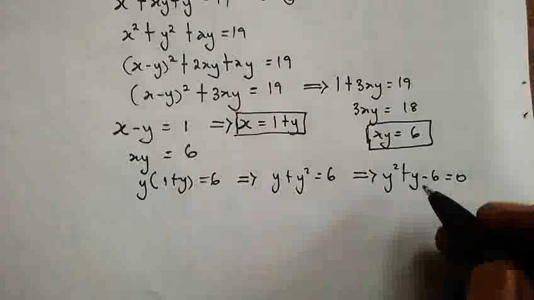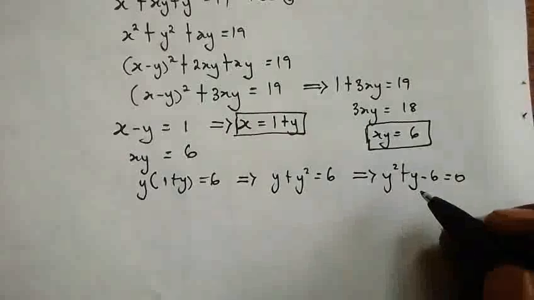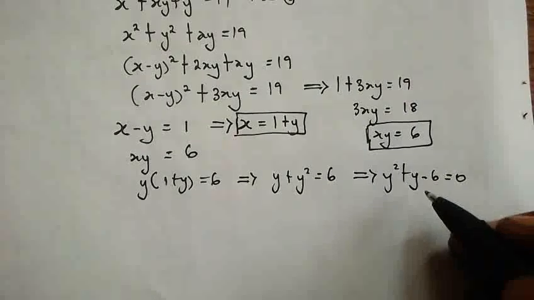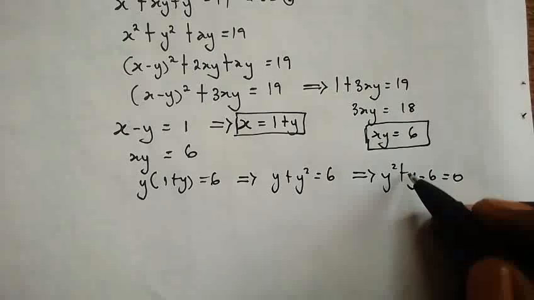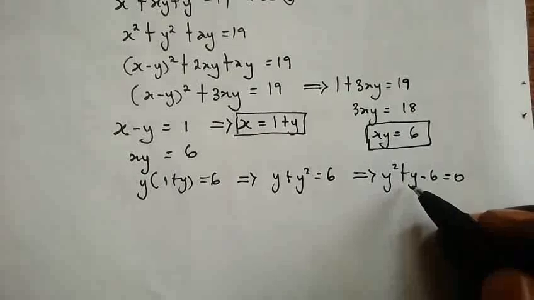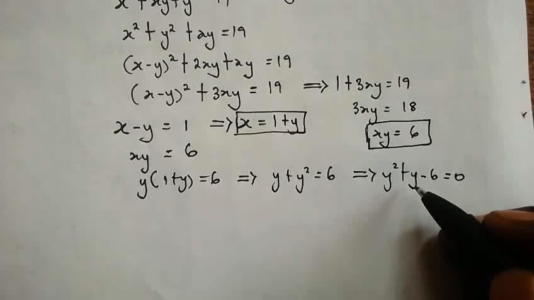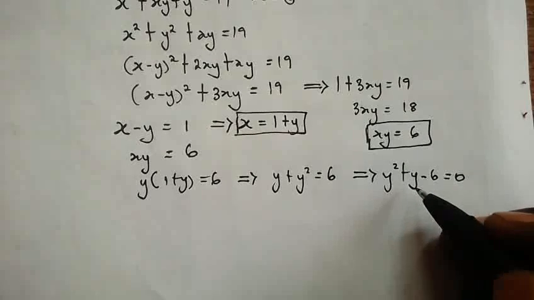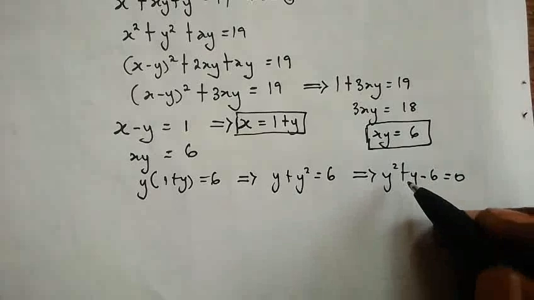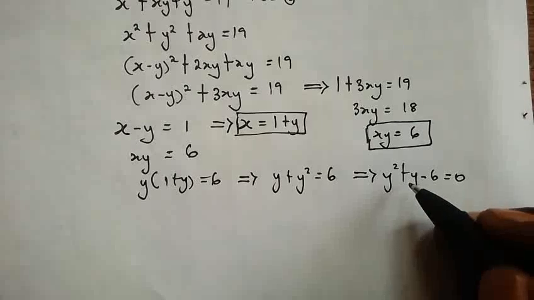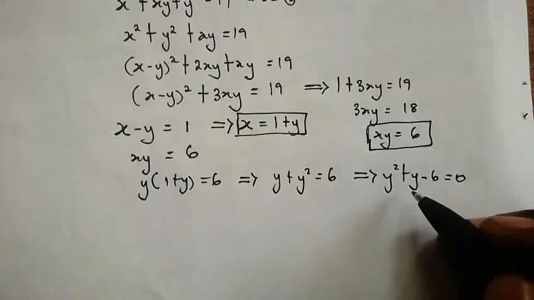So let us factorize this. Let us think about two numbers that when we multiply them we get negative 6, and when we add them we get positive 1, that is the coefficient of y. I'm thinking about negative 3 and positive 2, because negative 3 times positive 2 is negative 6, but negative 3 plus positive 2 will give us negative 1, so these are not the two numbers needed here. So let us say positive 3 and negative 2.